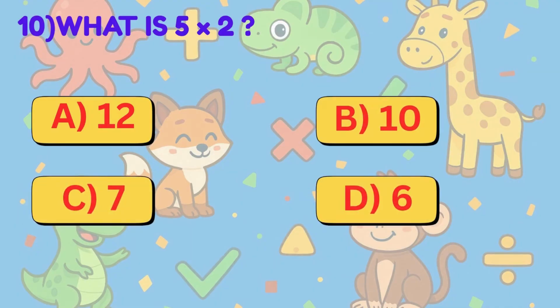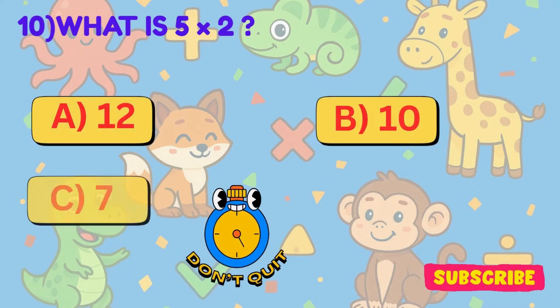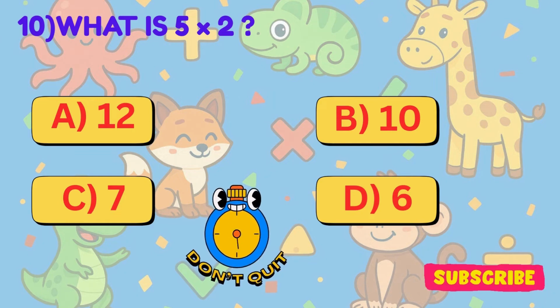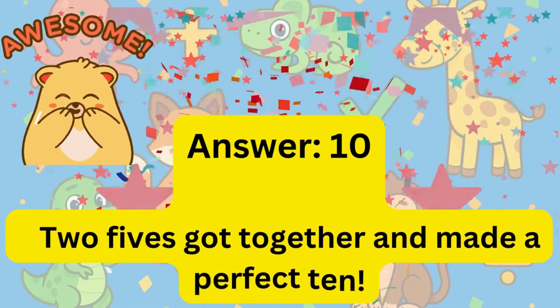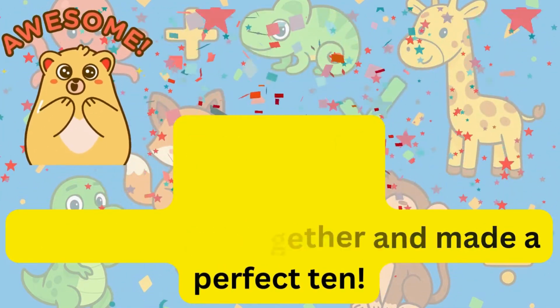What is 5 times 2? Is it A, 12, B, 10, C, 7, or D, 6? Correct answer is 10. 2 5s got together and made a perfect 10.